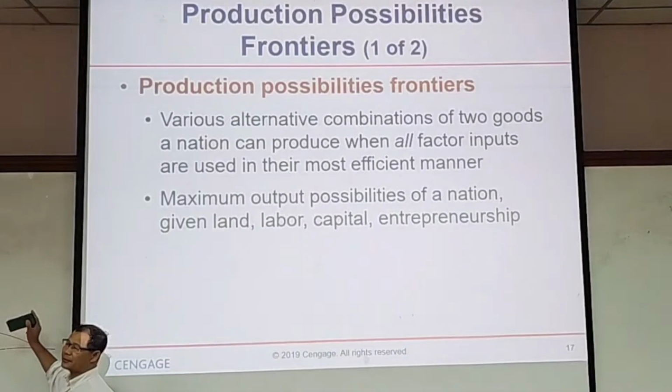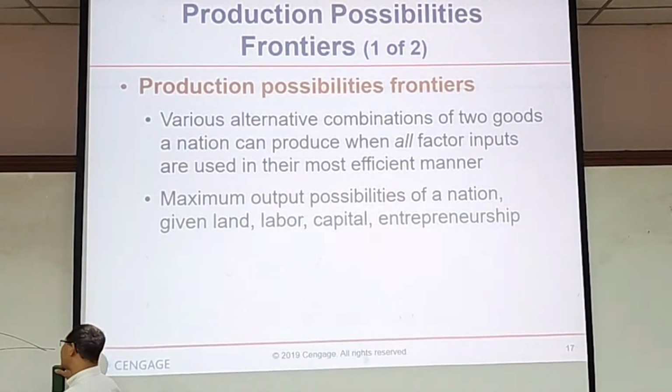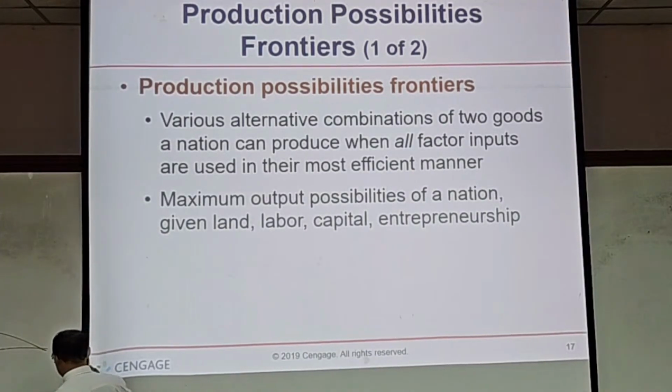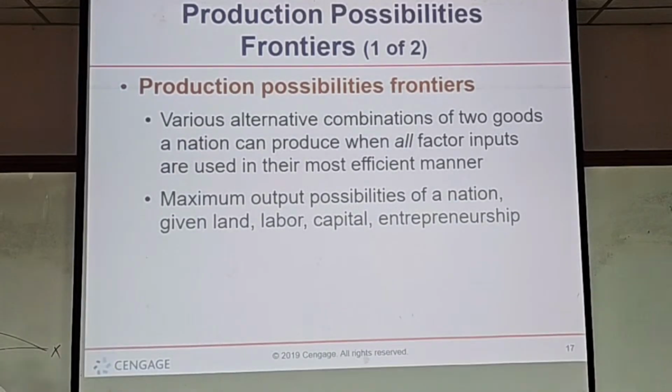One country has lower opportunity cost for production of X. We're talking about X only, from the slope of the production possibilities frontier. This is high in X. Country B is specialized in Y. This is the reason for trading: opportunity cost.